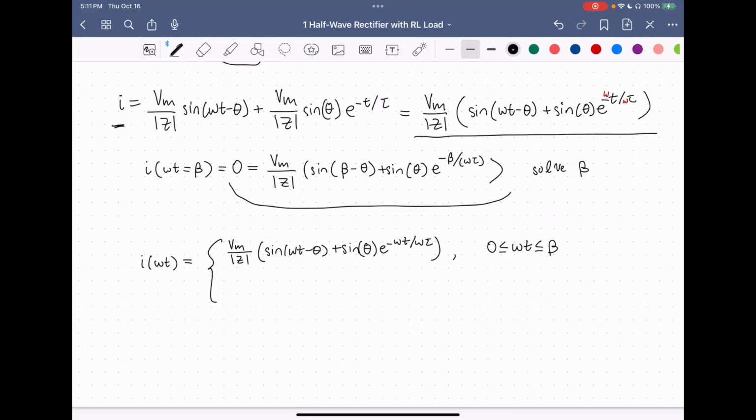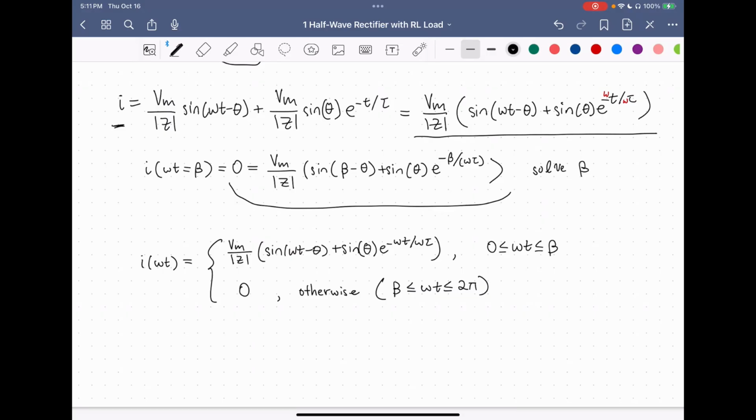Otherwise, as we know, the current wants to go negative, but the diode's not going to let it go negative. So the current through the circuit is 0 otherwise, which is for beta to omega t to 2 pi.